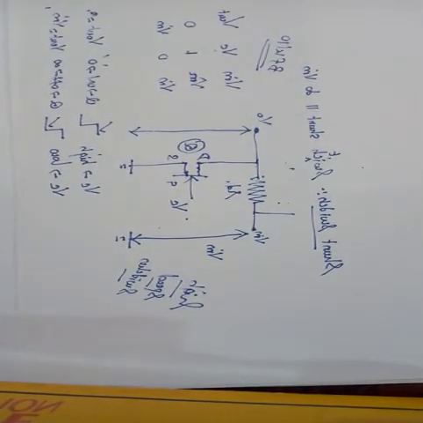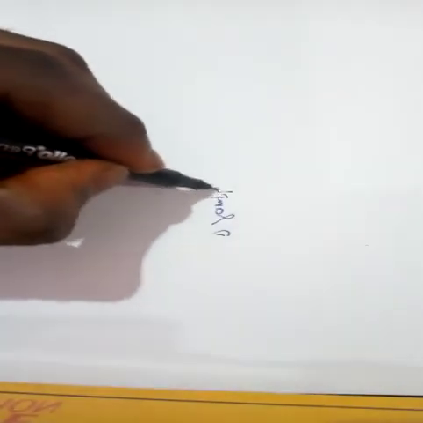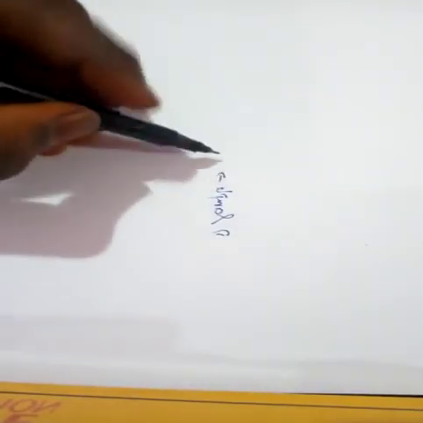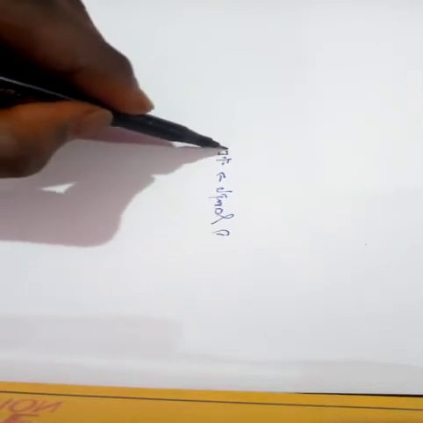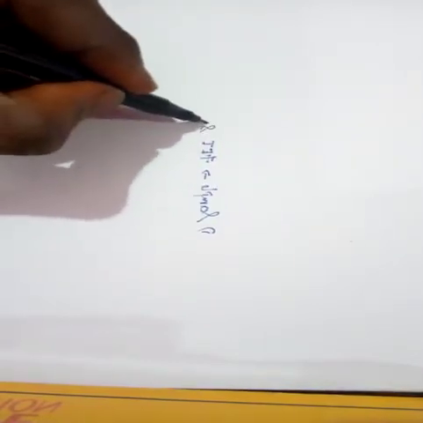I already said the sample and hold circuit is categorized into two. One is my sample circuit, which is accomplished by a sampling switch, preferably a FET switch.